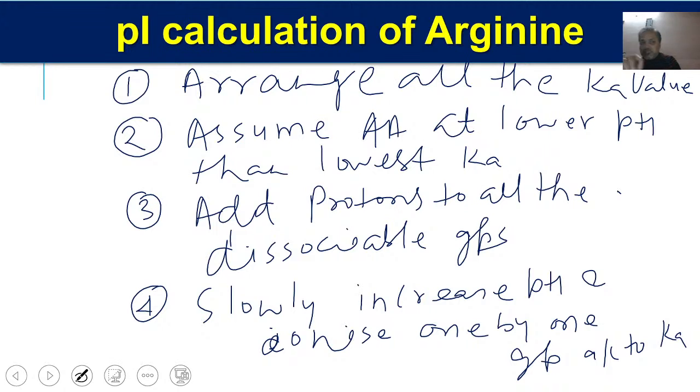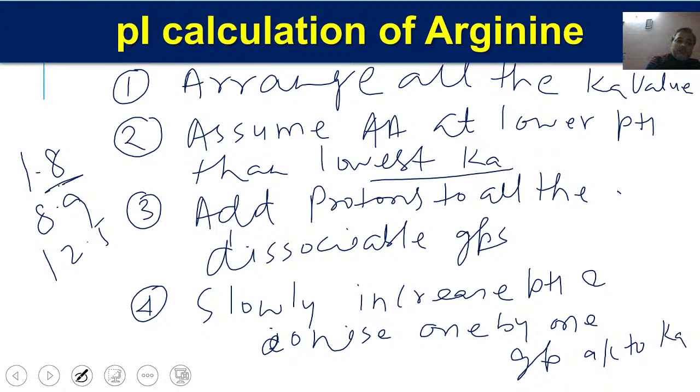Like in this case we had 3 pH values, 1.8, second was 8.9, third one was 12.5. So arrange them and then assume your amino acid at a lower pH than the lowest pK value. This is the lowest pK value. So I am assuming I have taken the amino acid at the lower side, lower than 1.8.